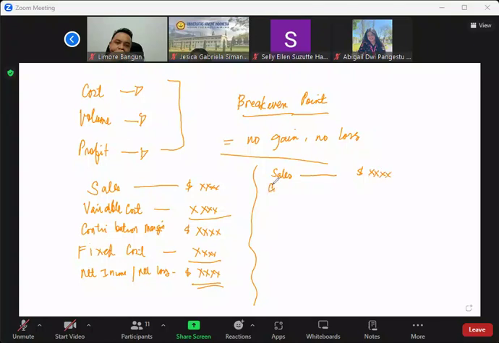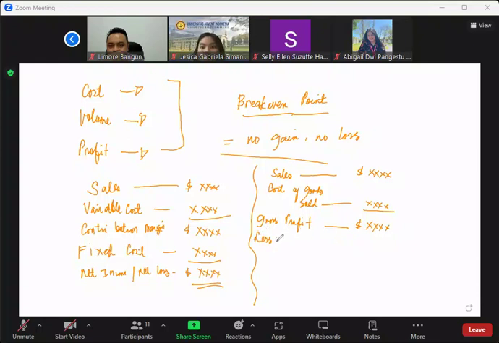You have cost of goods sold. So you have cost of goods sold, and then you get a gross profit. This is how financial reporting is done, the one for external.